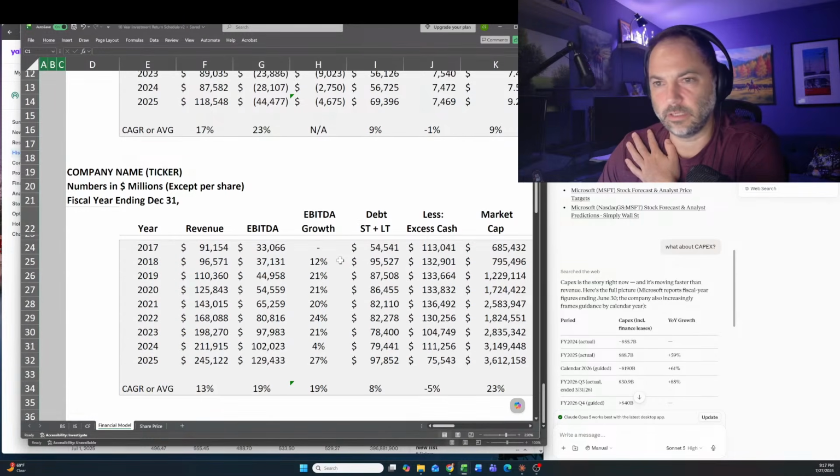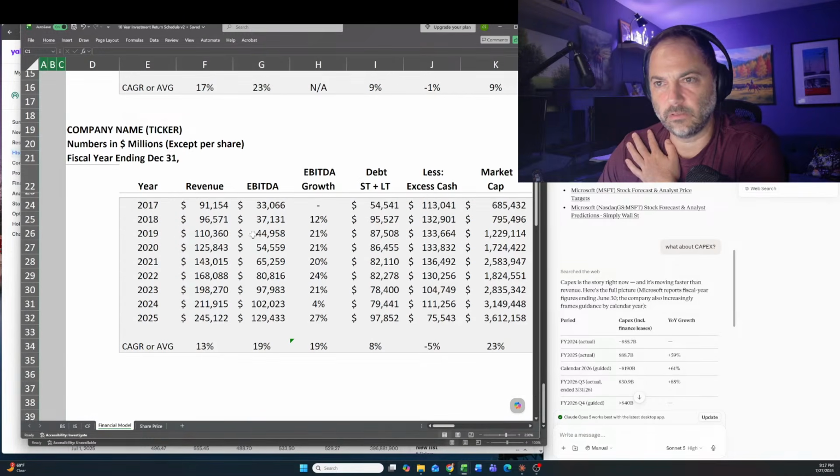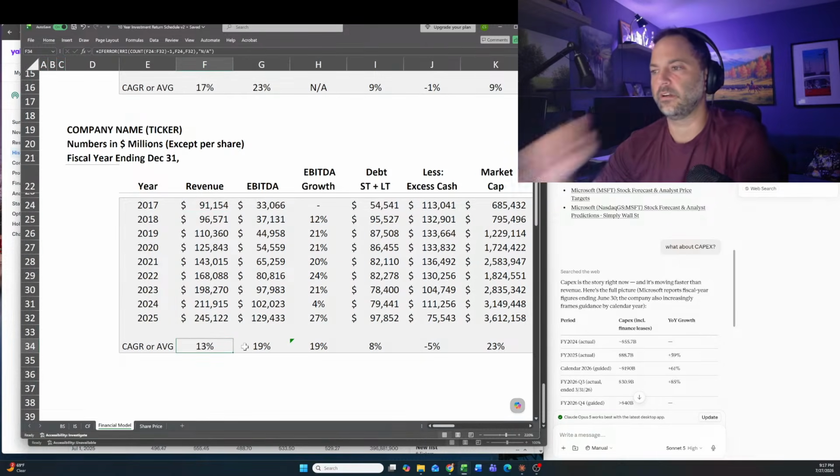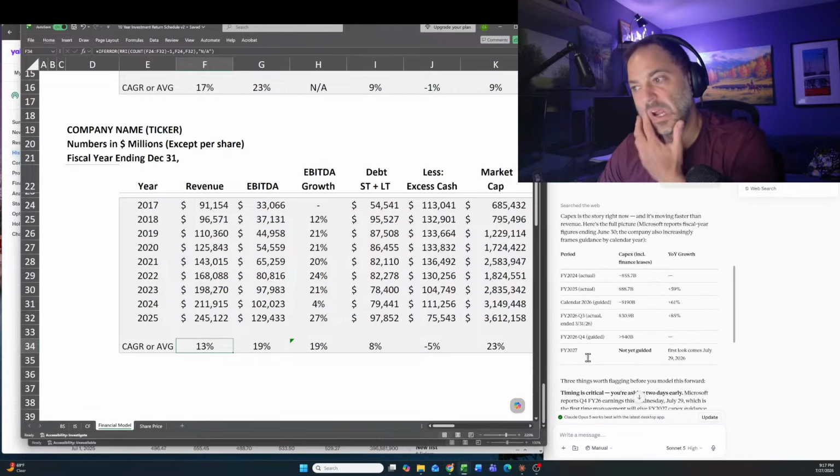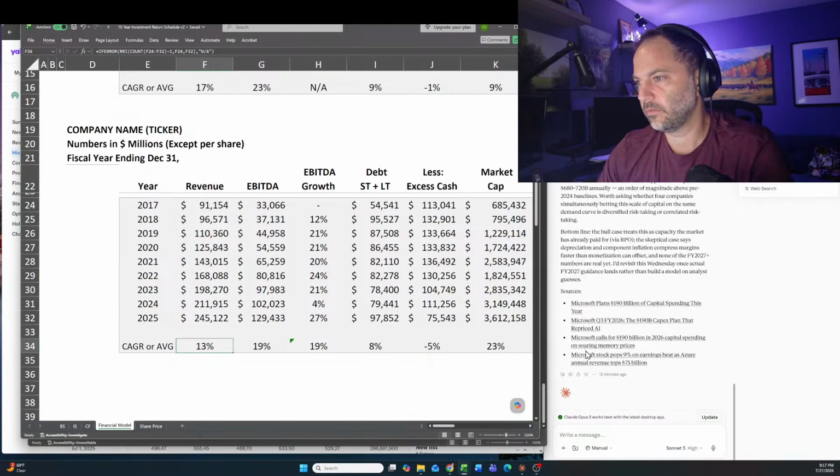All right, so let's take a look at the income statement. Revenue growing 13% annually. Our forecast here in Claude was saying for revenue, where did it go?